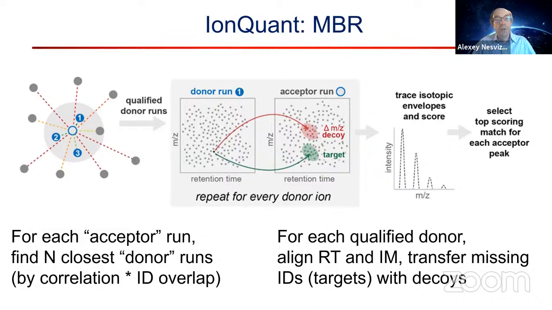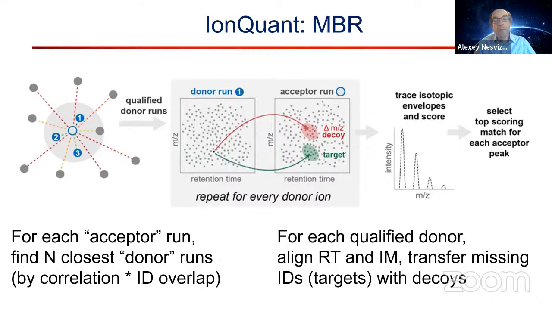So there are key steps here. The first, for each acceptor run, and the terminology that we use is that we have an acceptor run. It's the run where we would like to transfer identifications from other runs. And those other runs, we refer to them as donor runs. So for each acceptor run, we find n closest donor runs. N is a user-specified parameter, where for each acceptor run, we rank all other runs according to a score.